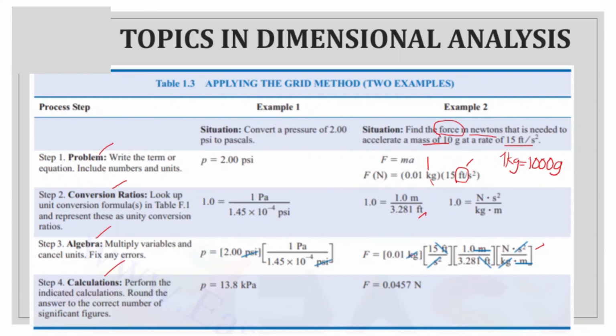Then 1 newton is second squared over kilogram meter. So kilogram cancels out, seconds squared cancel out, feet cancel out, then meters.